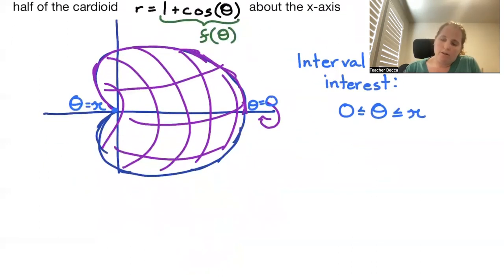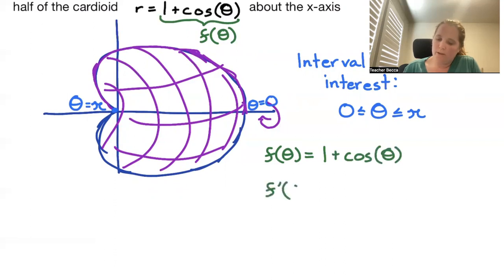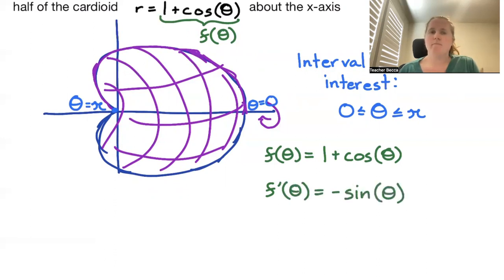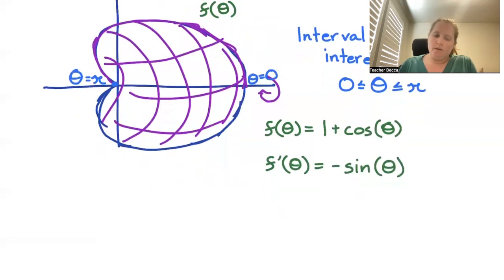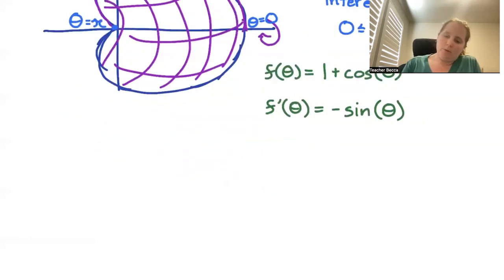That means that f prime of theta is negative sine of theta. And then we're rotating about the x-axis.